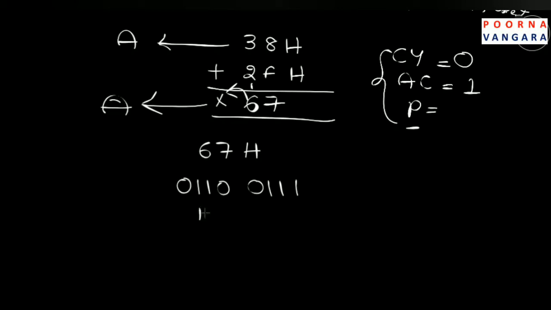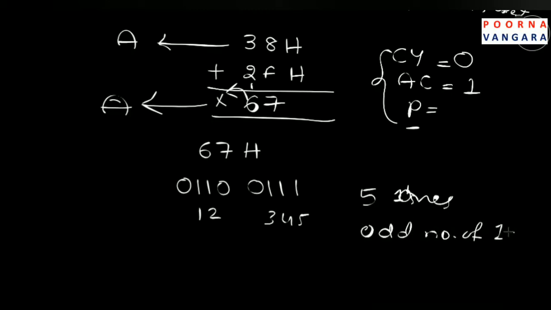So you have 1, 2, 3, 4, 5, total 5 ones. That means odd number of ones, so the parity flag will be set to 1. In 8051, if you have an odd number of ones in the result, then the parity flag will become 1.